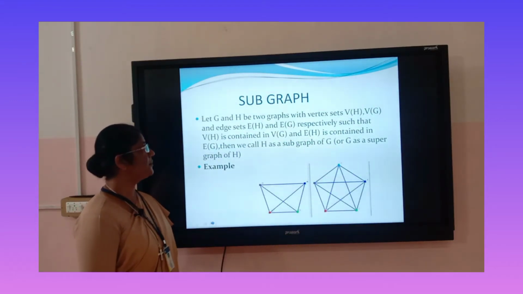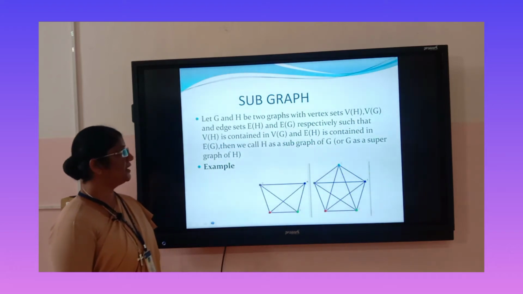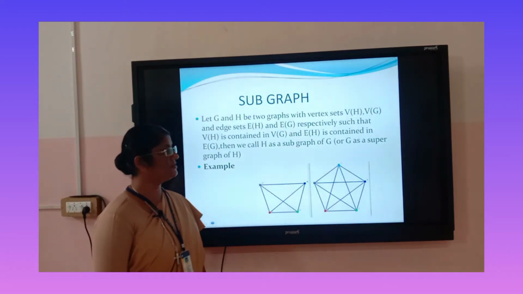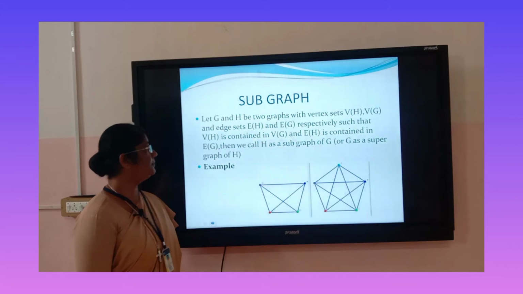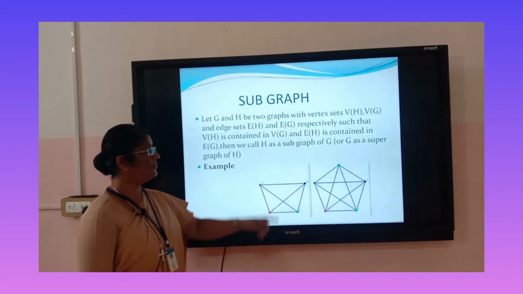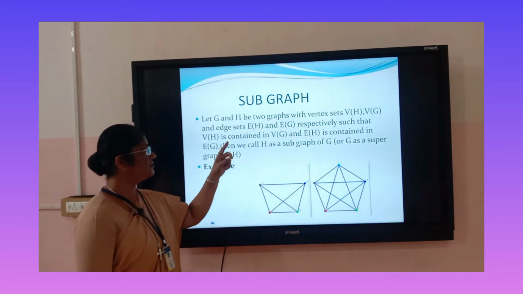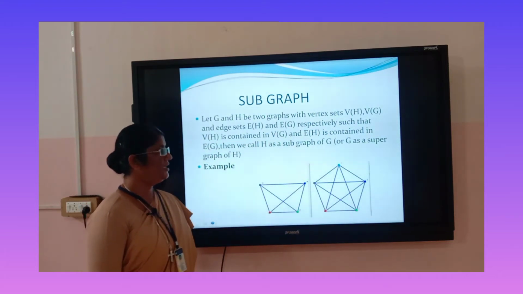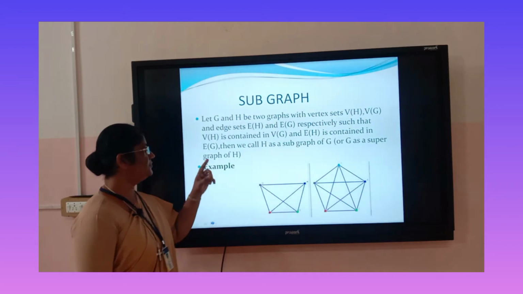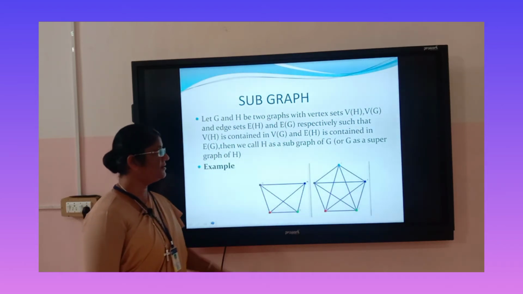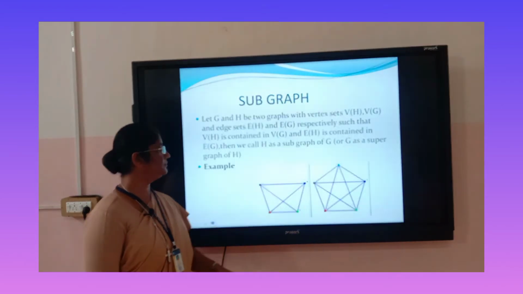The definition of subgraph. Let G and H be 2 graphs with vertex sets V(H), V(G) and edge sets E(H) and E(G) respectively, such that V(H) is contained in V(G) and E(H) is contained in E(G), then we call H a subgraph of G.